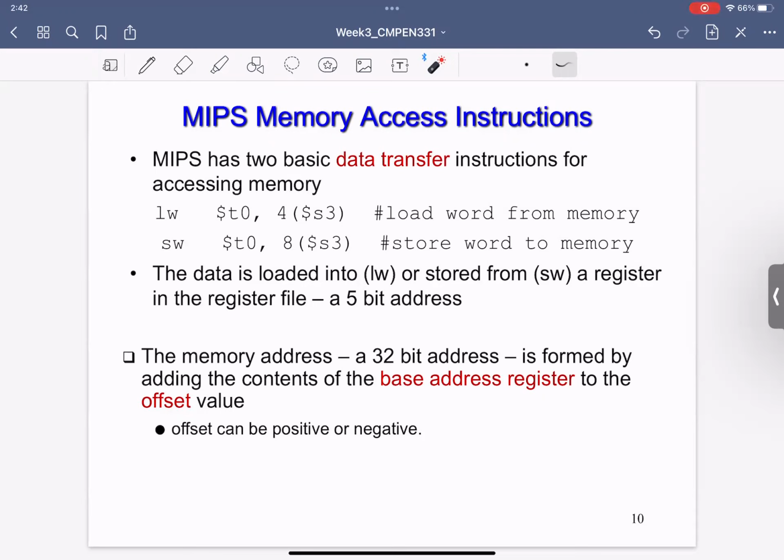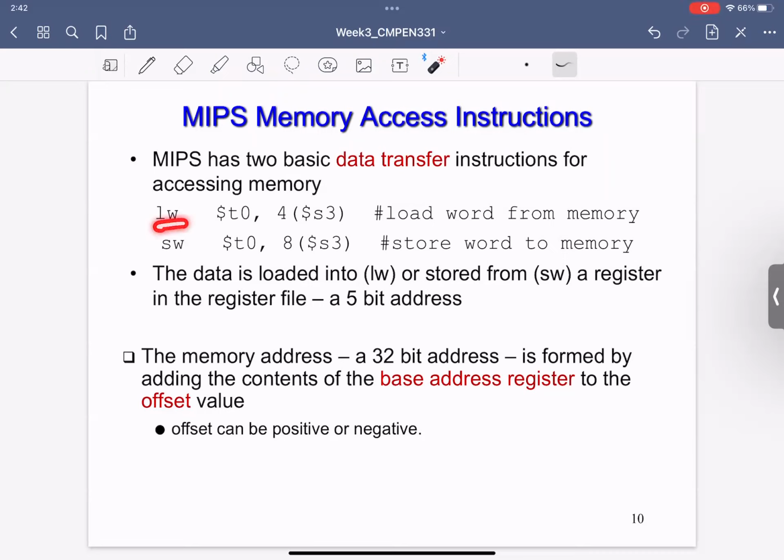But I have to tell the robot two things: where exactly the location is in the memory and where exactly the location is in the register. The same thing as we did with the register. However, I'm now dealing with just two locations: where inside the memory and where inside the register. But there is a trick on how to specify the address inside the memory. Let's see how we can do that.